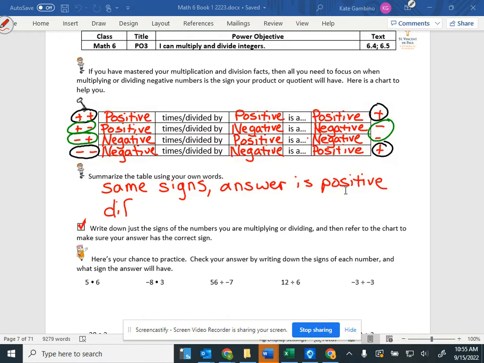Different signs. Answer is negative. So if they are the same sign, our answer will be positive. If they are different signs, our answer will be negative.